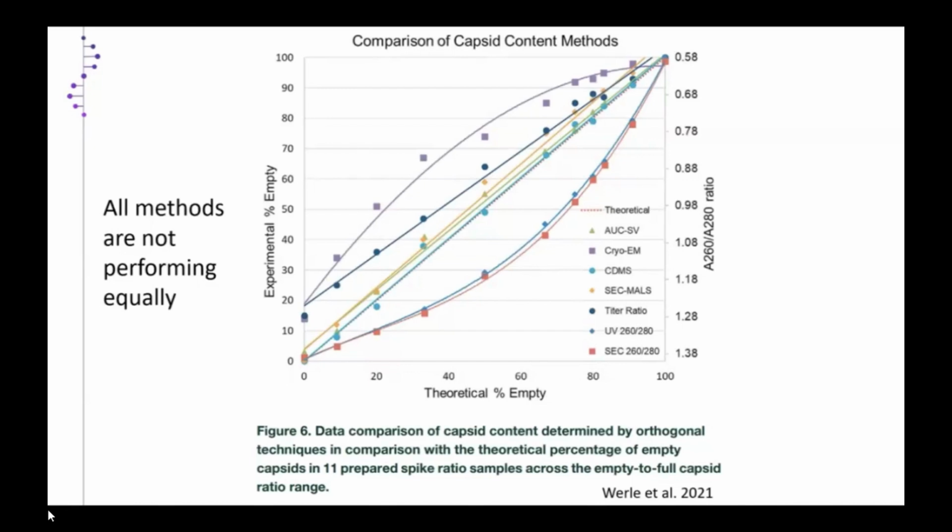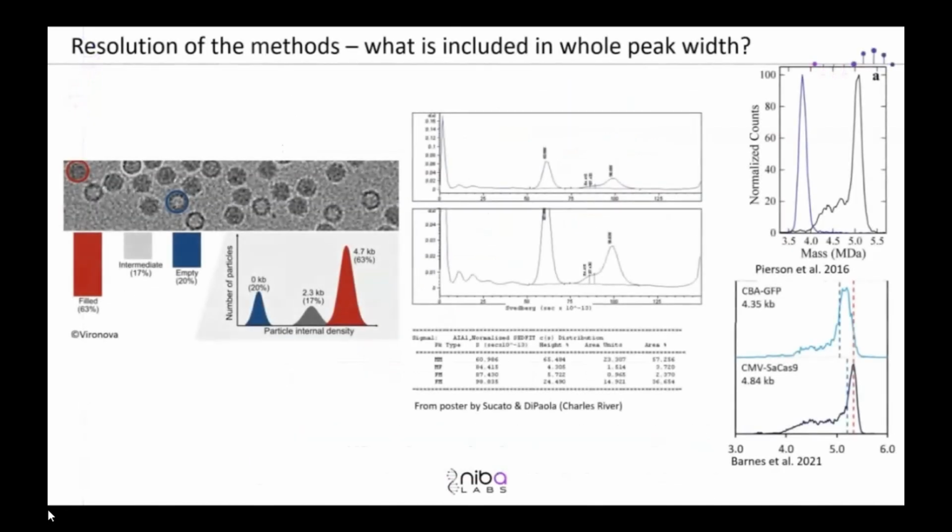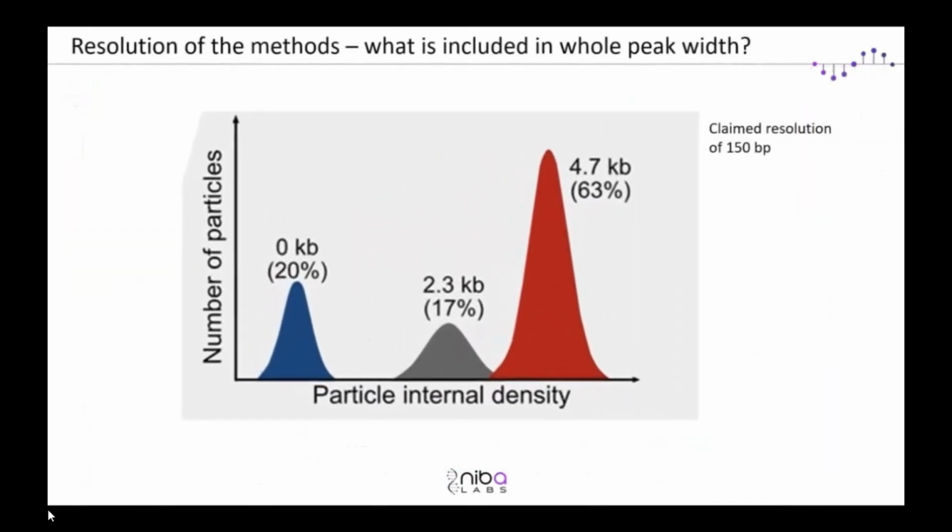Another problem that I see with those methods is the resolution. So what is actually included in the width of this peak? To show you that, I would just like to use the example of this chart where the claimed resolution of the method is 150 base pairs.